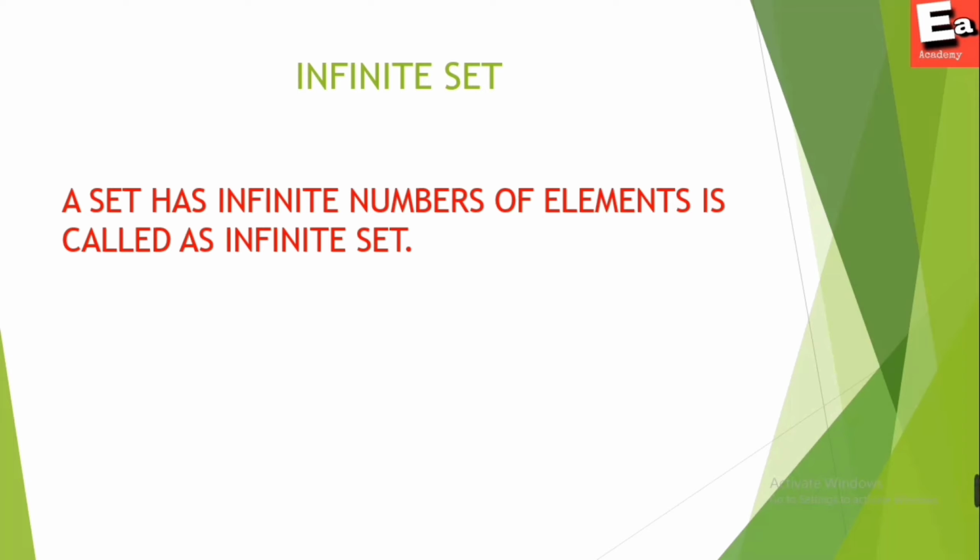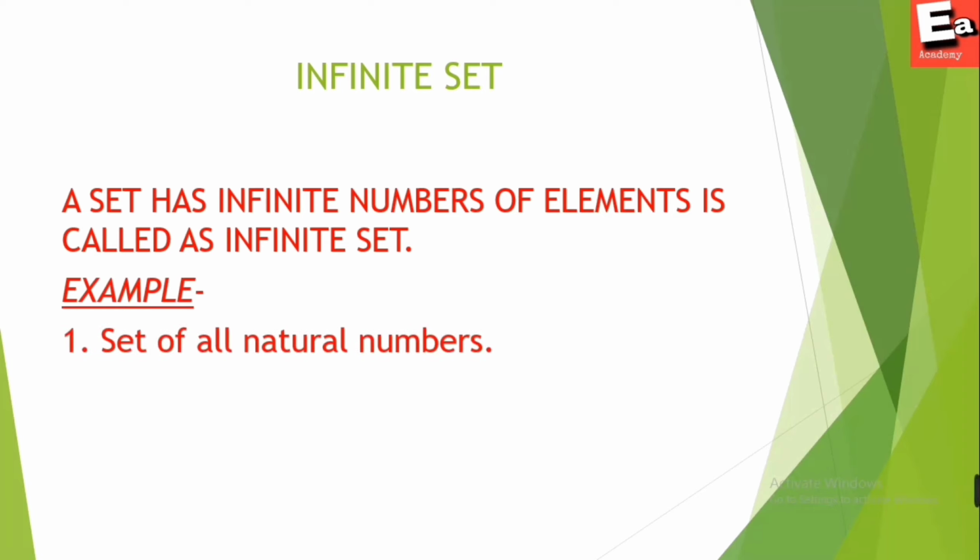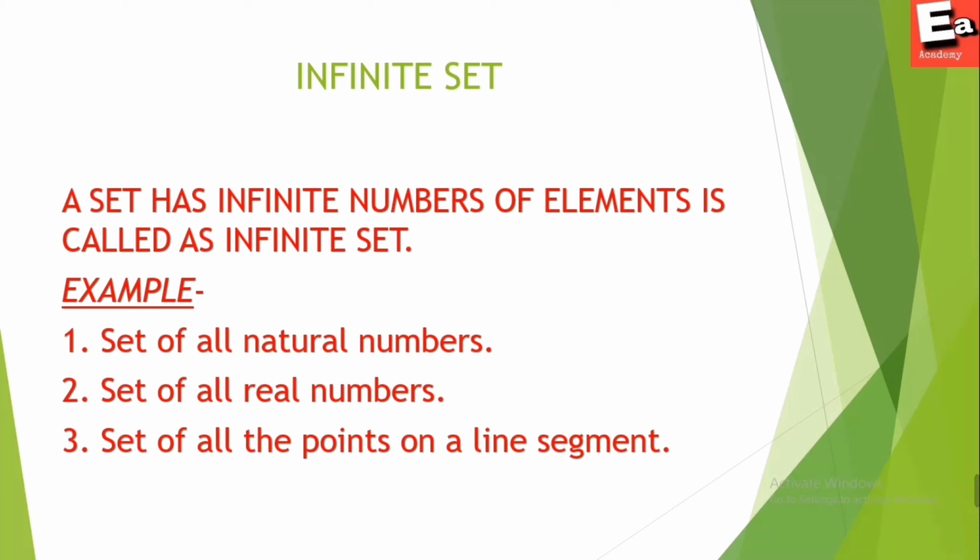Yes, your assumption is totally correct. So what should be examples of infinite sets? Examples are the set of all natural numbers, the set of all real numbers, or the set of all points in a line segment. In these sets, we can't count the number of elements, so these sets are called infinite sets.